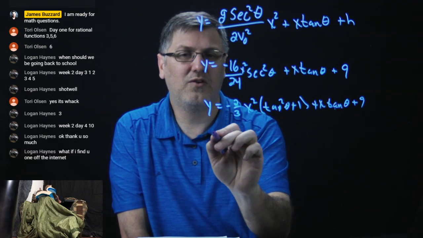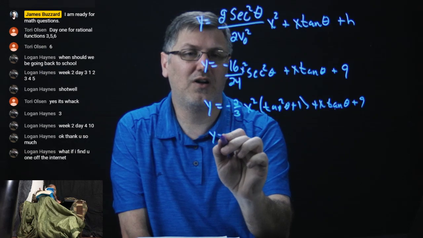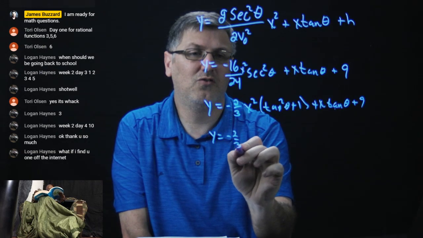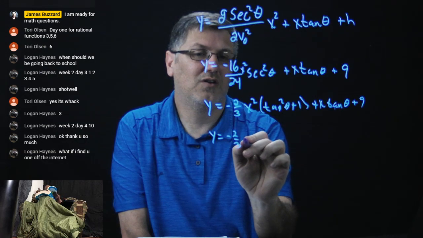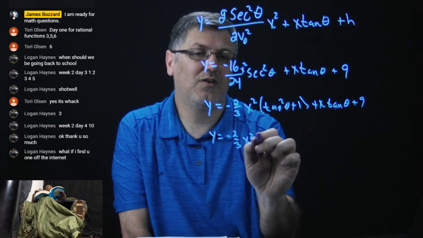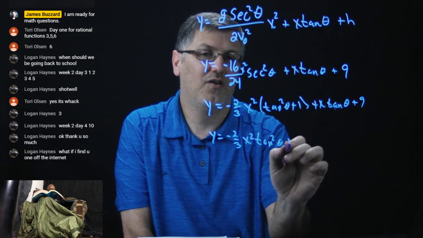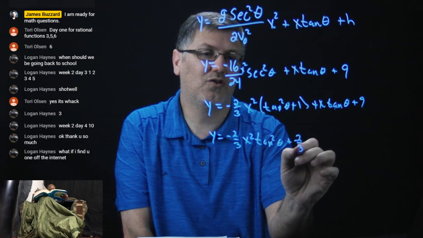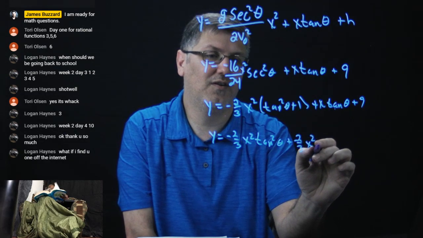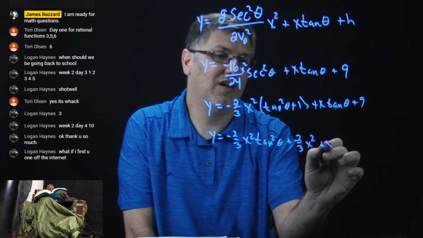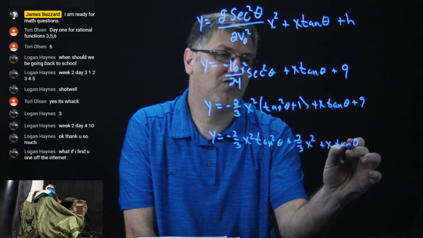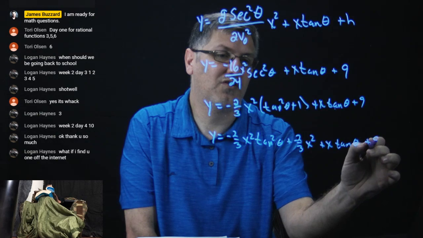Let's do the distributive property. I've got y equals negative 2/3 x squared tangent squared theta plus negative 2/3 x squared plus x tangent theta plus 9.